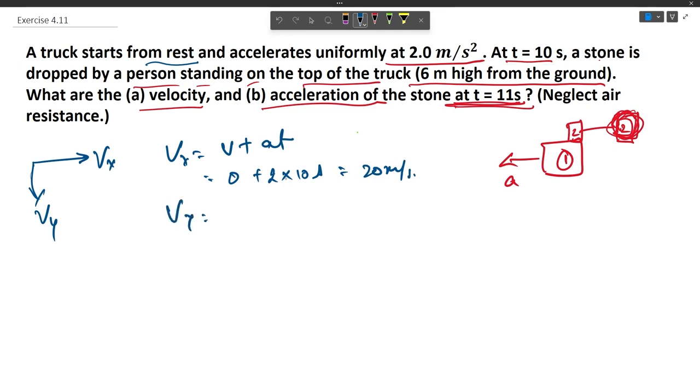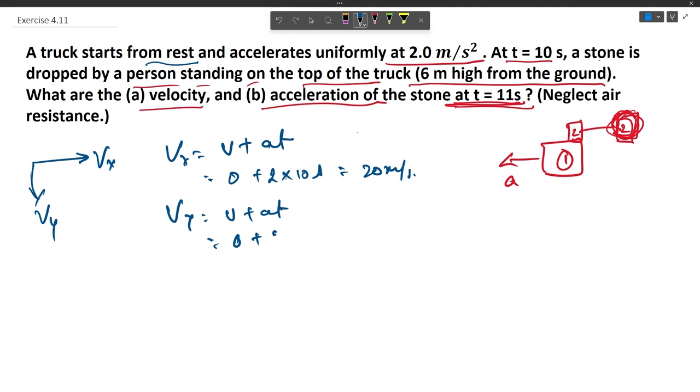Similarly Vy, we can calculate u plus at. Now the stone is thrown from rest in this y direction, so it would be 0 plus, so how much time has the stone traveled in air, it would be just 1 second, because at 10 seconds it was stationary in this y direction.